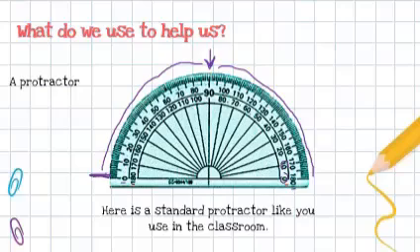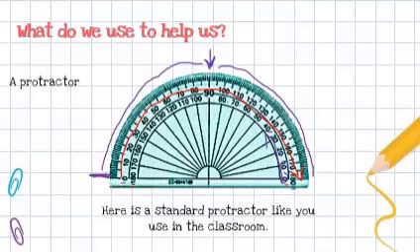That's how you read if you started from the right side. But if you started from the left side, from this 0, then you read 0, 10, 20, 30 until you reach the 180, which is the straight angle. So it depends on the position of the lines, whether you start from the right or from the left.